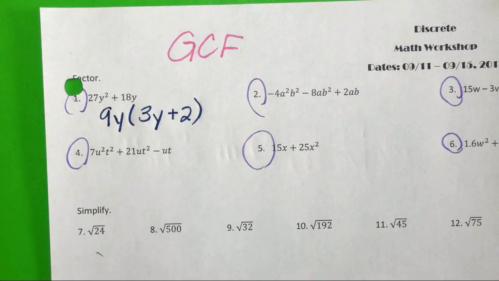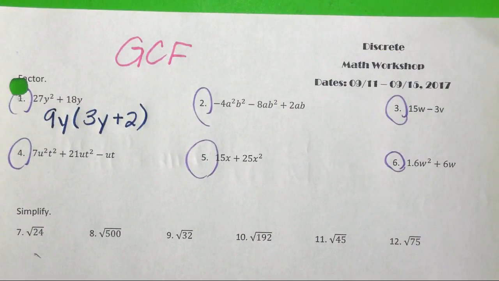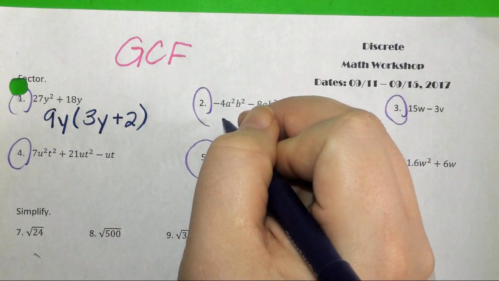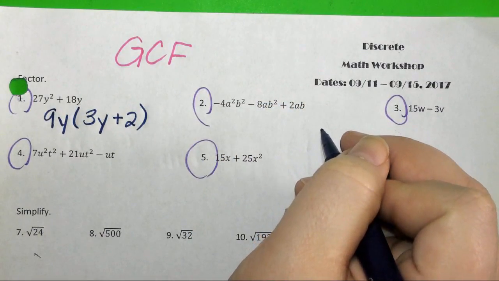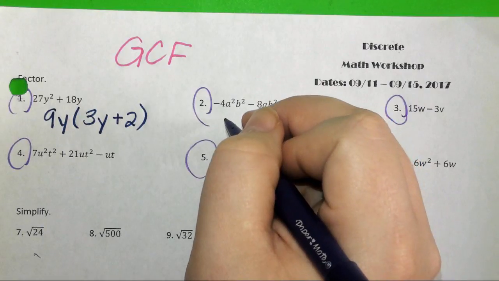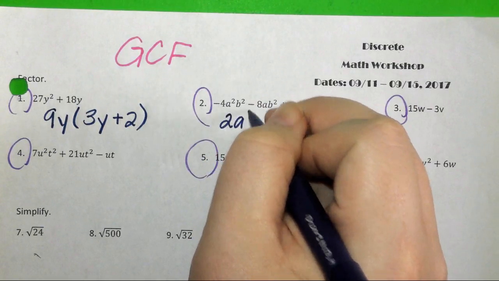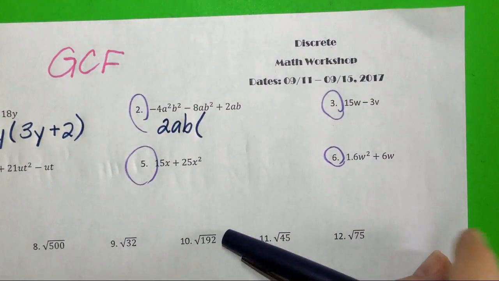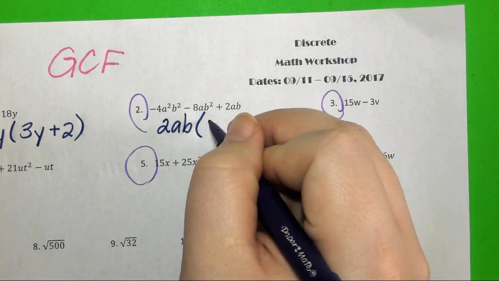Okay, number 2. Any volunteers for number 2? Yes, Brittany. Do you do the 2 parentheses things? No. Was there a greatest common factor? Is there something that you can pull out of all three terms? 2. 2 and then what else? 2ab. 2ab, and then what would be left inside the parentheses? 2ab.